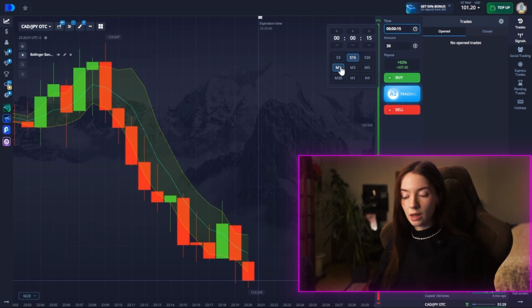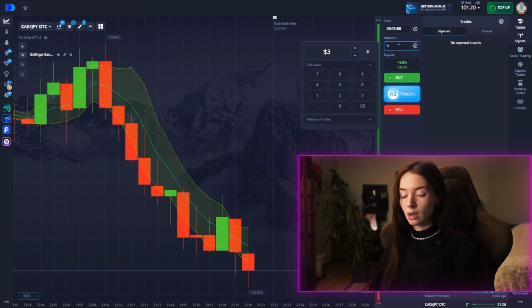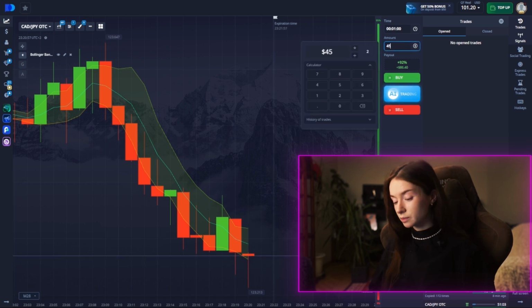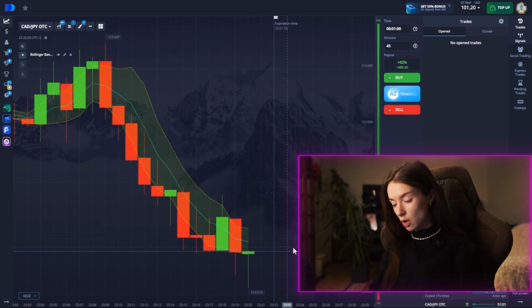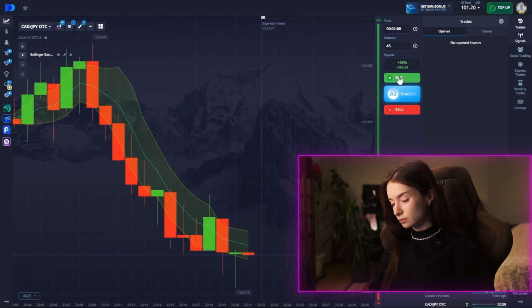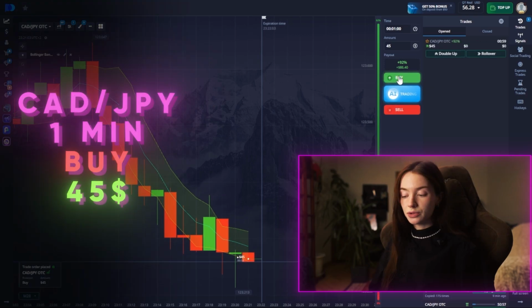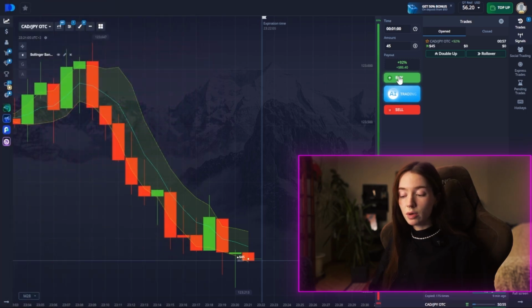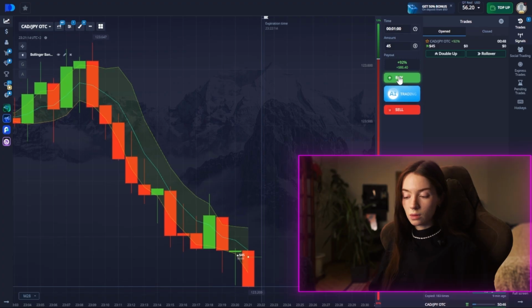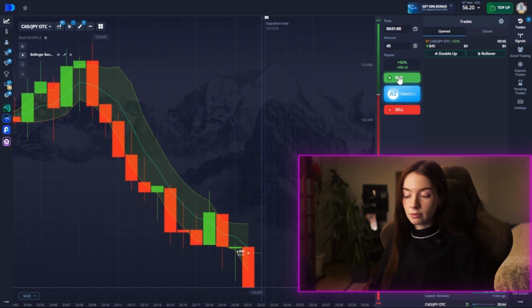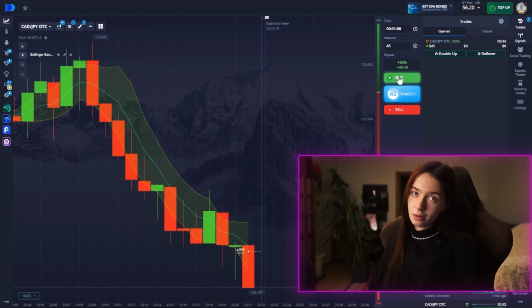Using martingale, I increase the amount by 1.5 times and open a buy. Because we entered when the price touched the lower band, and within 1 minute I expect a clear reversal in our favor. Overall, this strategy works very well.